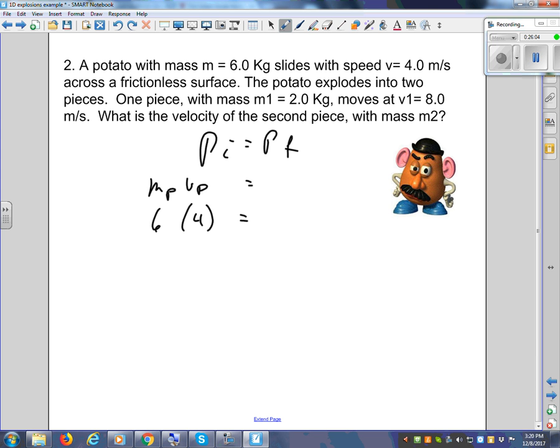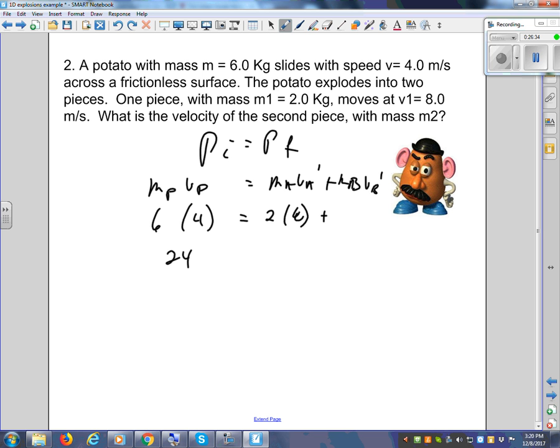So we got 24 on the left. Now here's where, if this is in kilograms, everything on the right has to be in kilograms, right? So we're okay. So here let's go MAVA plus MBVB, those are primes. So two pieces, so that's 2 times 8, it looks like.